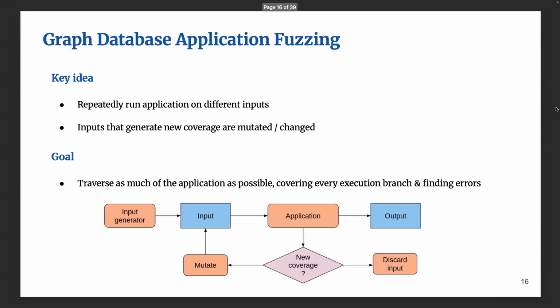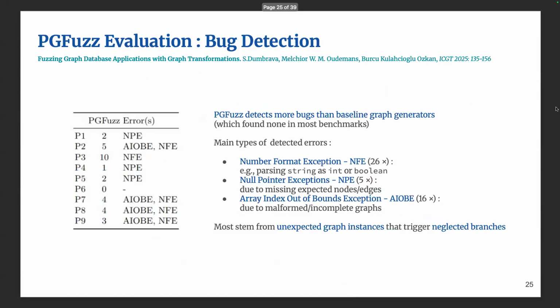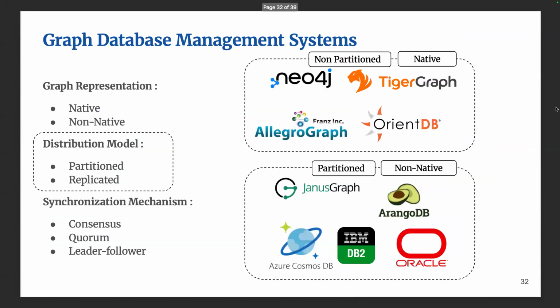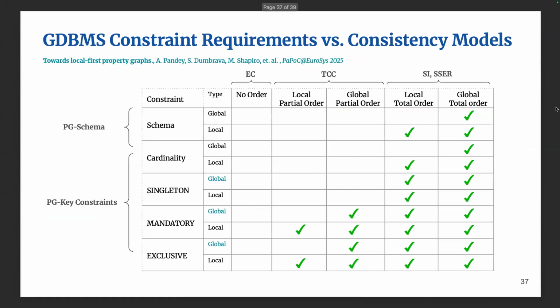So the vision is to really have a pen and paper proof version of this table with the fine-grained analysis of what is possible under what consistency level. And again, the question is, do we need something special for graphs in terms of the consistency we should uphold?